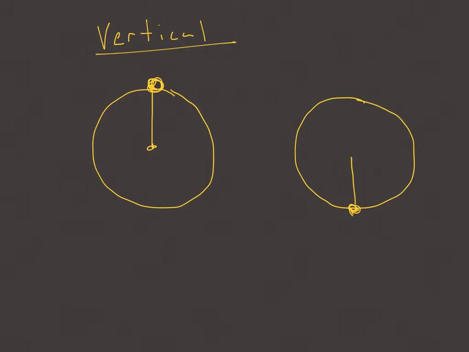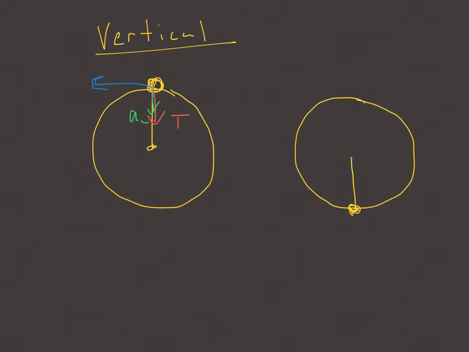If it is at this location, of course the force is always along the string if it's a tension, and the acceleration will be in that same direction. That's Newton's second law. And then the velocity would be tangent to that circle.